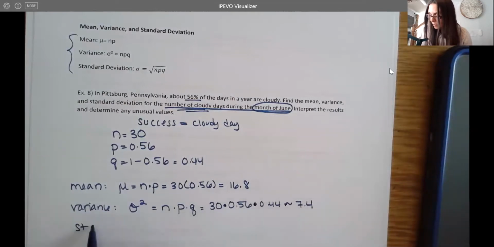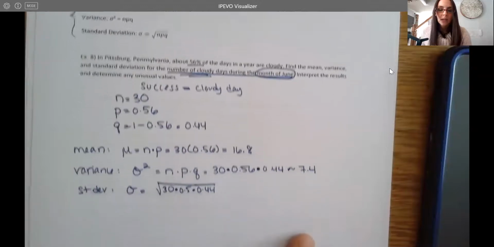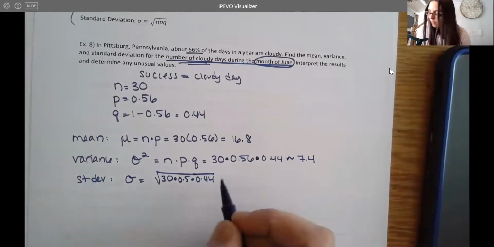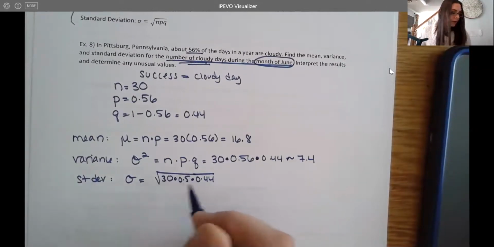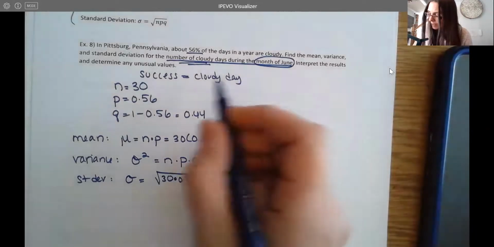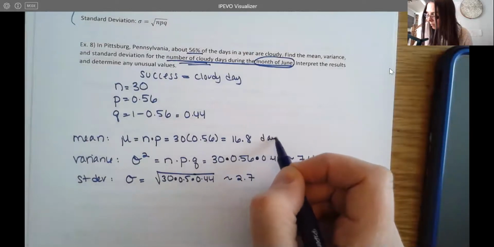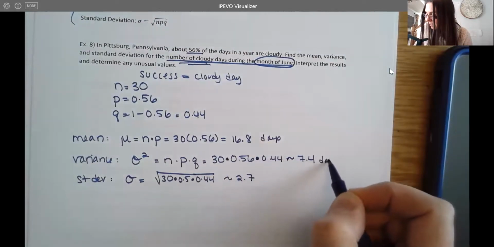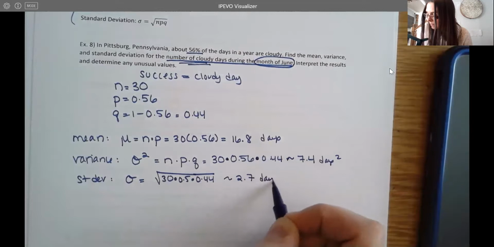And then your standard deviation is the square root of that. Again, I would not just put the 7.4 in here because I rounded. So I would go back to that full value there, take the square root of it, and you get about 2.7. Now remember, these are all days, right? So variance is days squared, and then this is days.